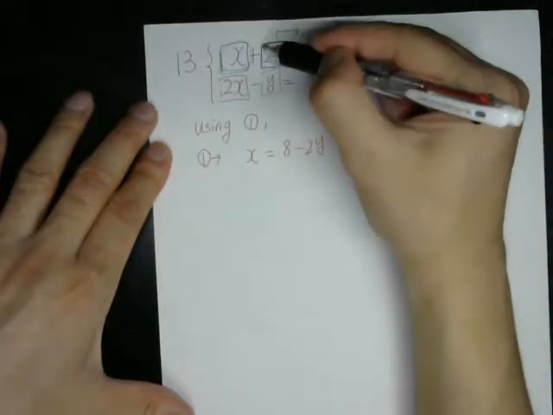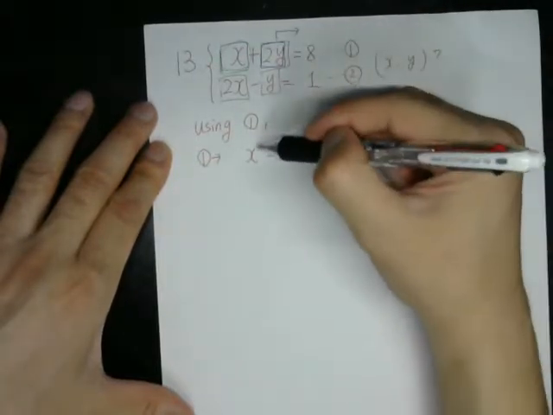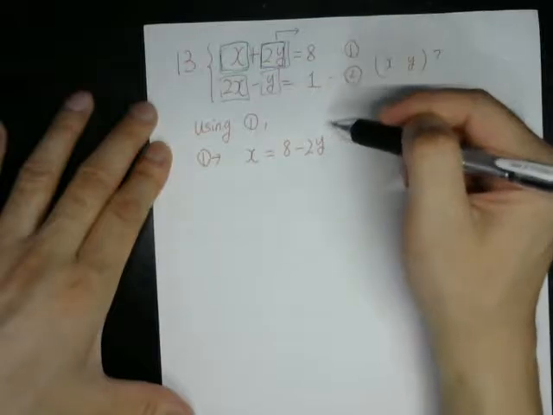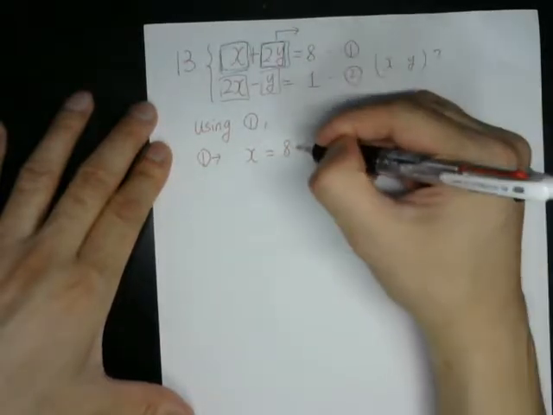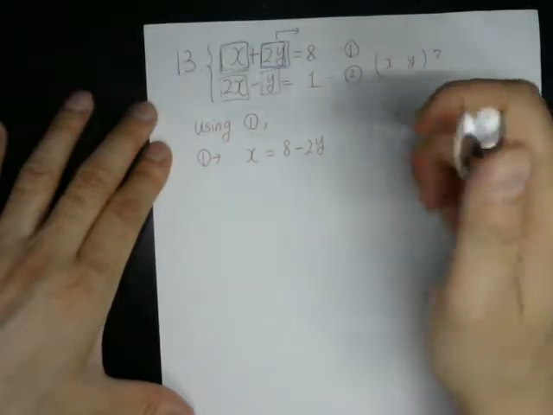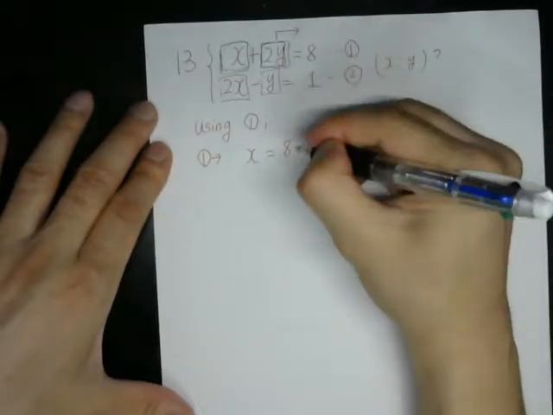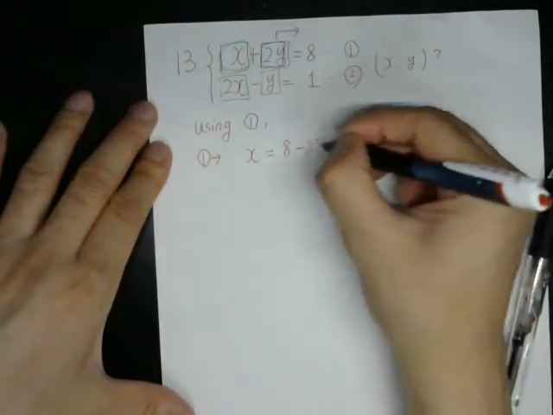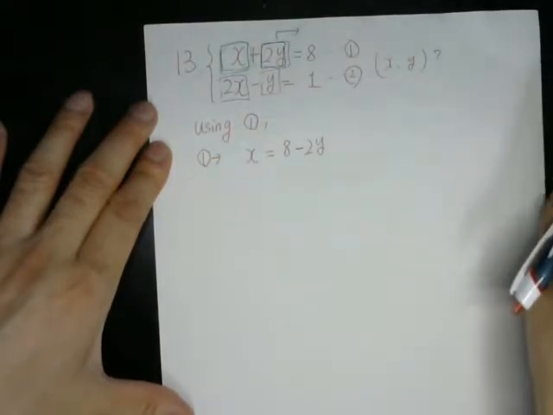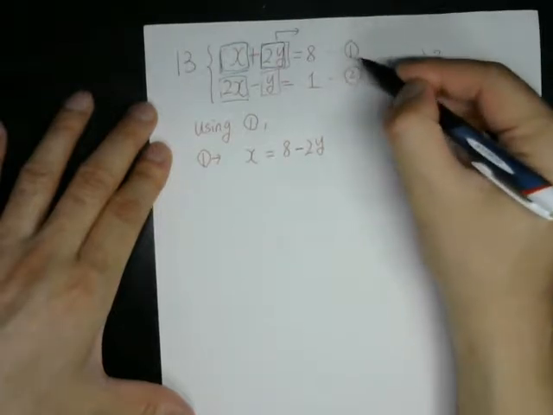After moving this piece in the blue to the other side of the equation, the sign in front of 2y changes. It flips from positive to negative. Remember? Negative.